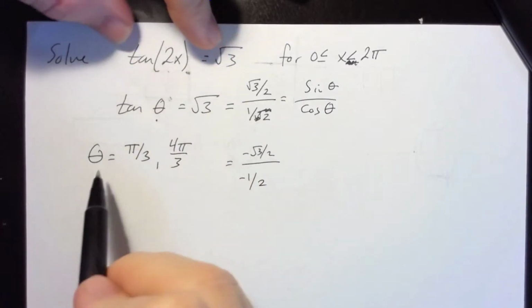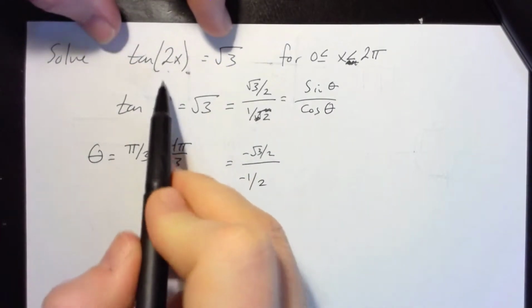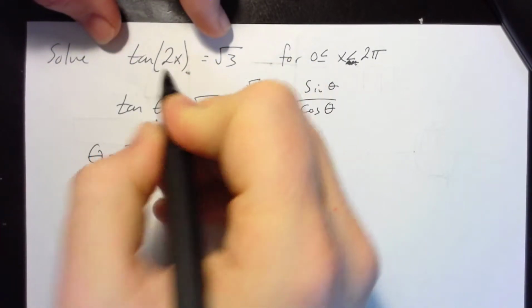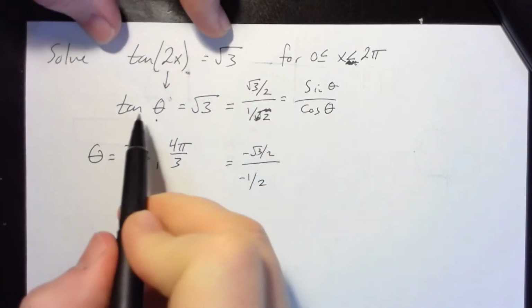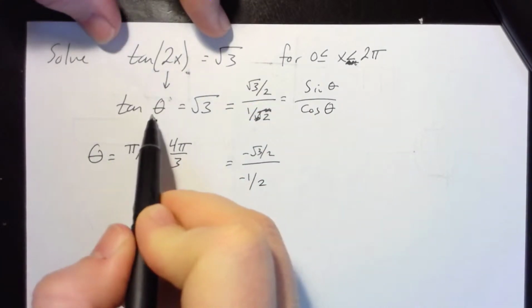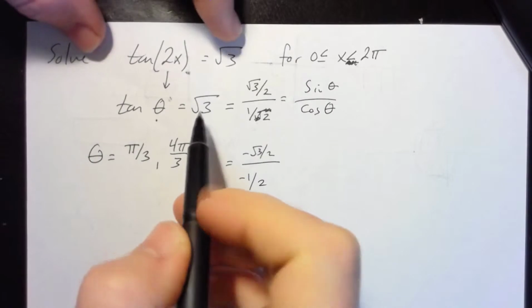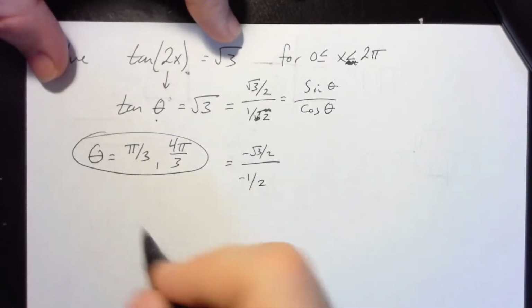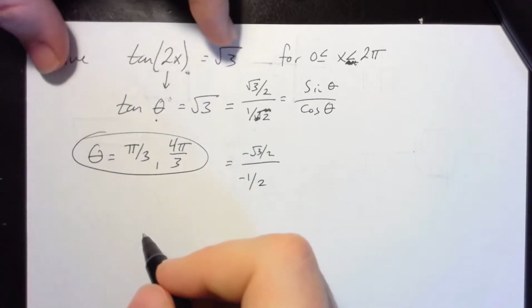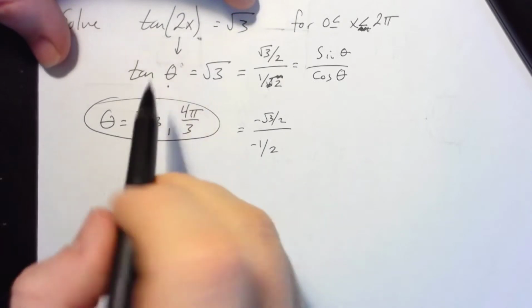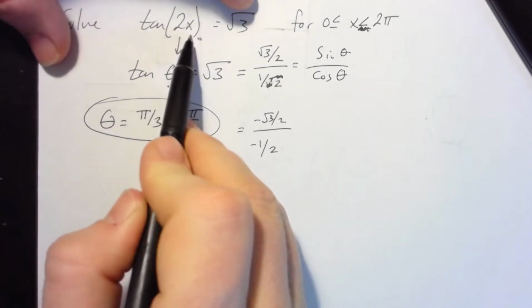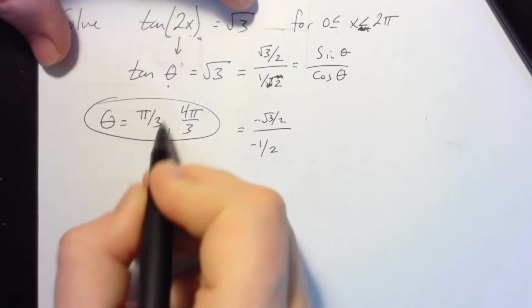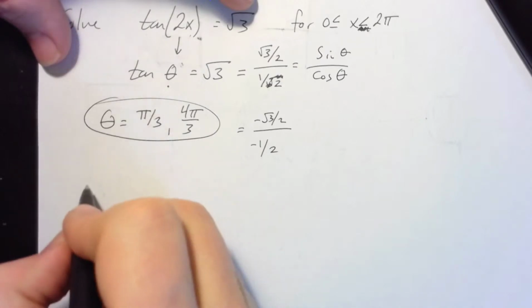However, this is in terms of theta. Now notice what I did here: for a moment, I ignored the 2x and said I was looking for an angle measure inside of tangent that's going to give me radical 3. Those two angle measures inside of tangent are pi over 3 and 4 pi over 3. This provides me with the concept that tangent of 2x, such that 2x is equal to pi over 3, will give me my solution.